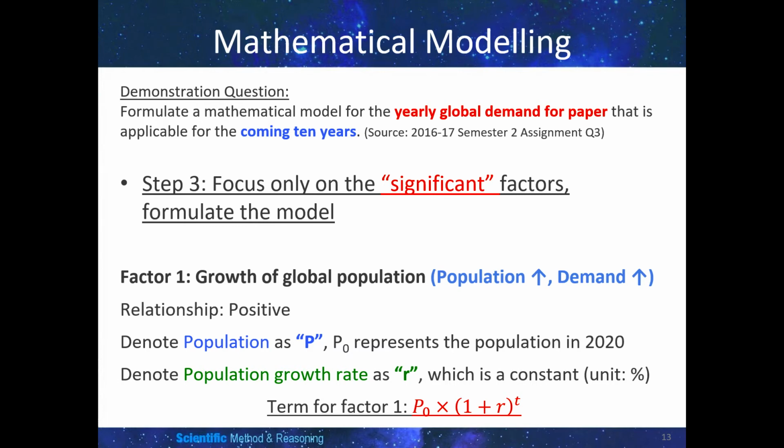We, again, clearly denote population as P, and P0 will be the population this year. We denote population growth rate as R, which is a constant, and the unit is percent. So we now obtain the term for factor 1, which is P0 times (1 plus R) to the power of T. This describes the population each year after 2020.